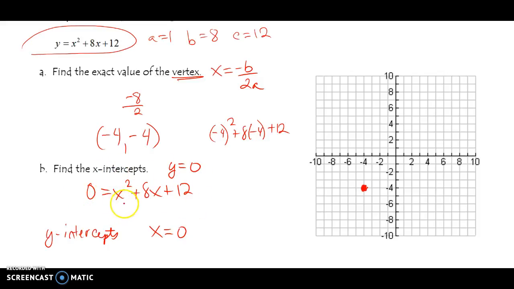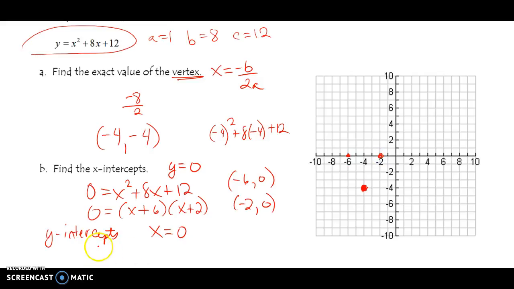So we're going to factor, split and solve, and we would get x equals negative 6 and x equals negative 2. So those are ordered pairs since we're looking for the graph. It allows us to make a little bit more accurate of a graph. So now we have more points to plot.